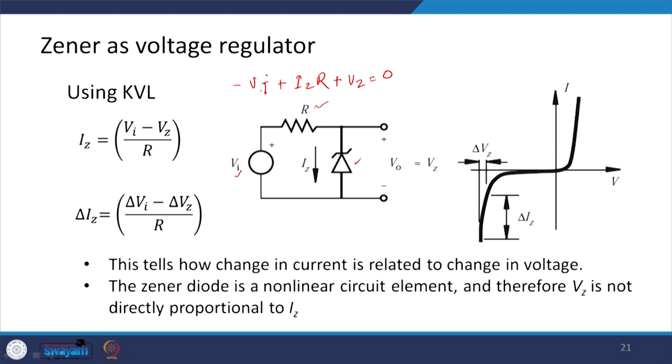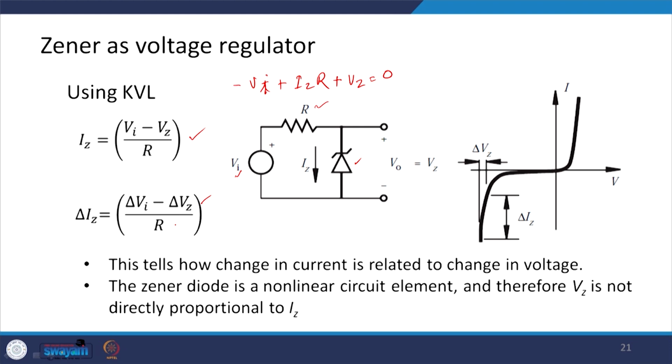So, what I get is IZ = (Vi minus Vz) / R. So, I get this relationship. So, the change in the Zener current will be (delta Vi minus delta Vz) divided by R. Here we can see that it is a non-linear relationship basically.